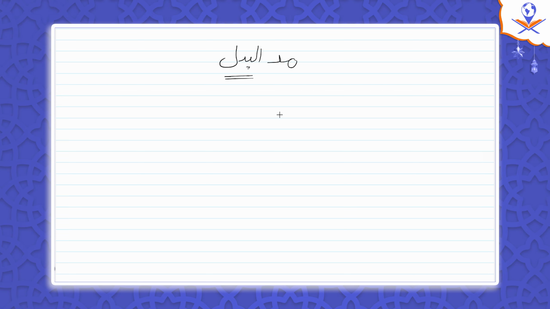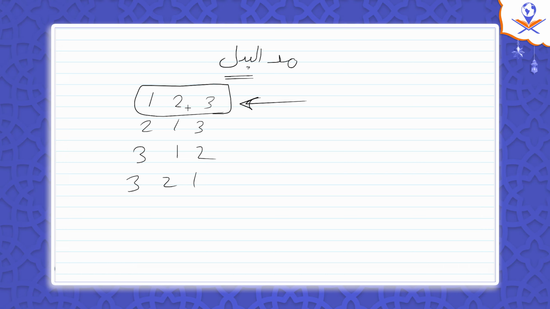Like for example, we usually say 1, 2, 3 in order. We don't say 2, 1, 3, or 3, 1, 2, or 3, 2, 1. This is the usual way, right?